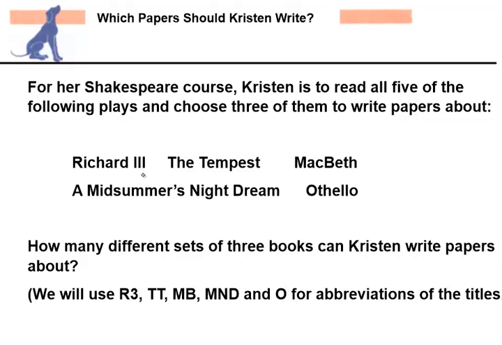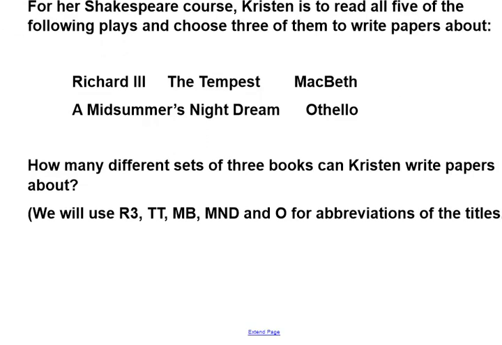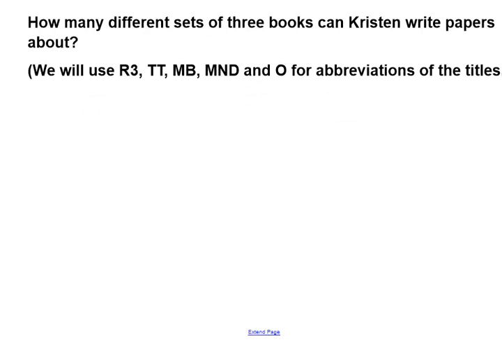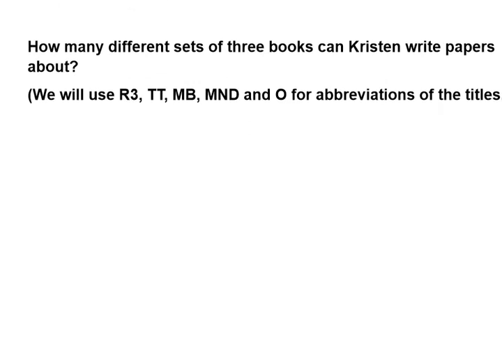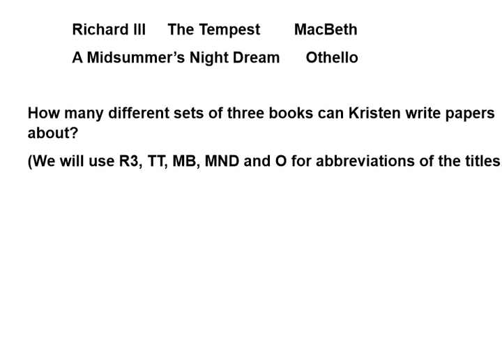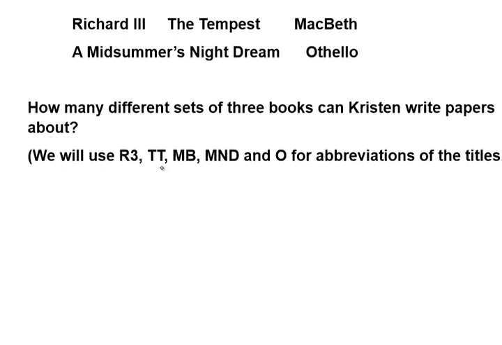How many different sets of 3 books can Christian write papers about? So you can use just listing things out, or you could use a tree diagram. I'm just going to start listing some stuff out. So we're going to use R3 to represent Richard III, TT to represent The Tempest, MB to represent Macbeth, MND to represent Midsummer Night's Dream, and O for Othello.